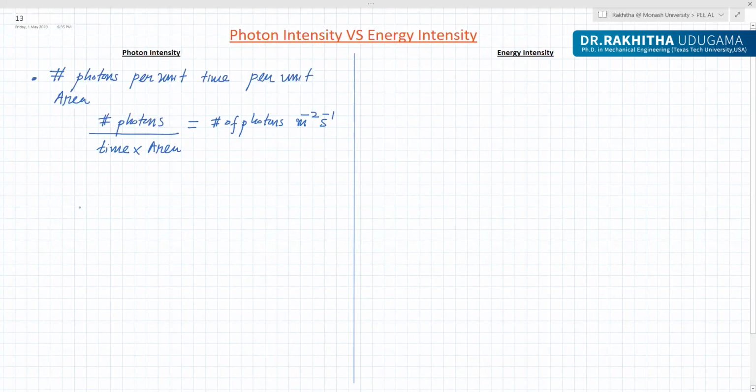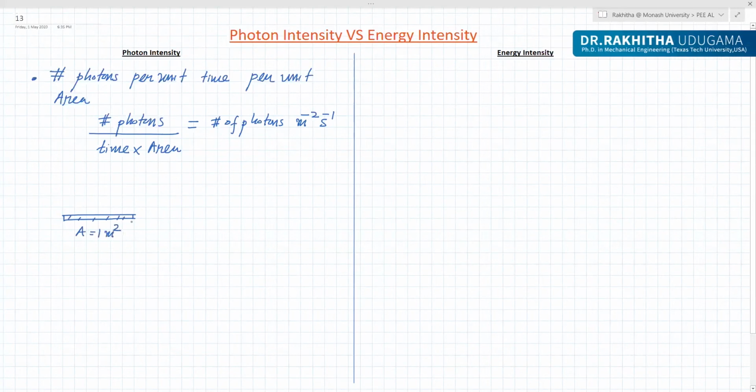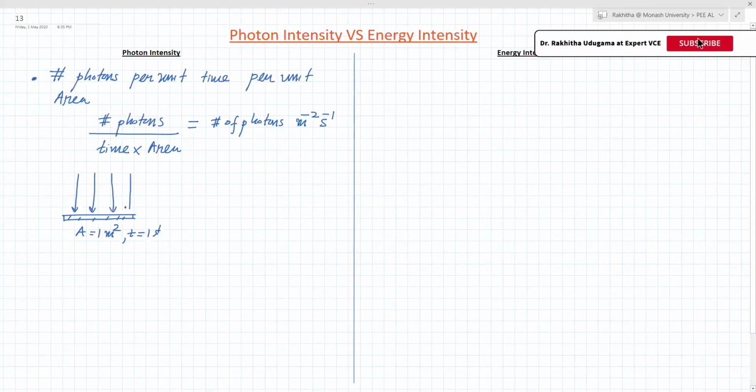So you can take a plate. The area of the plate would be 1 meter squared, the time you consider would be 1 second, and you are counting the number of photons incident on that plate.